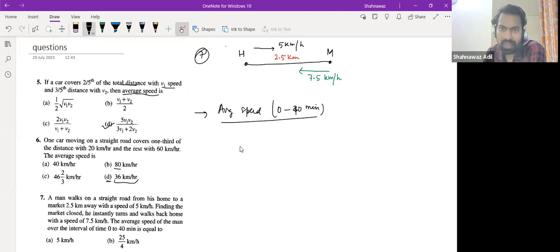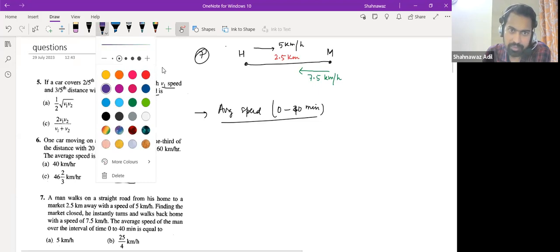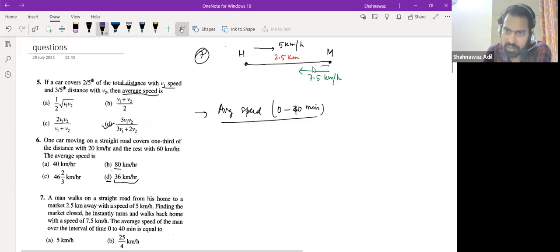It is given that the distance is 2.5 kilometer from H to F. But how much he has covered from market to backward? When he was coming back, how much he has traveled, this we don't know from 0 to 40 minutes.